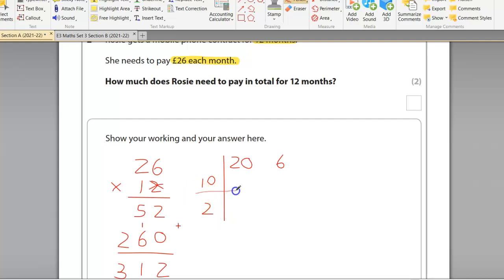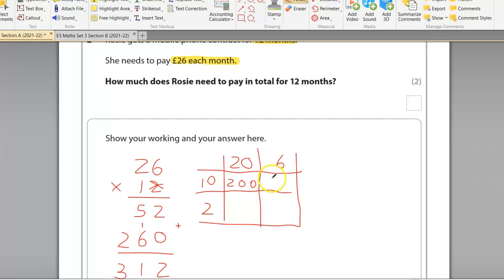Then we can draw our grid. And then we can say, well, 10 times 20. Well, if 1 times 2 is 2, and then we've got 2 zeros there, so we put those 2 zeros on the end. That makes 200.